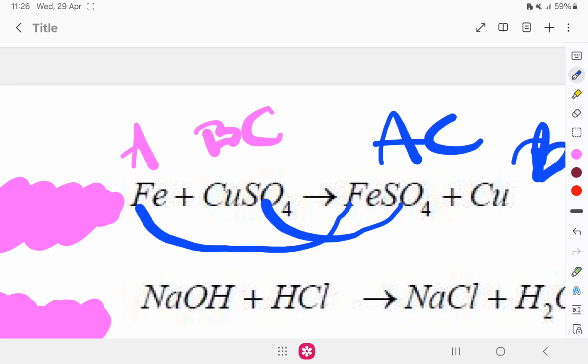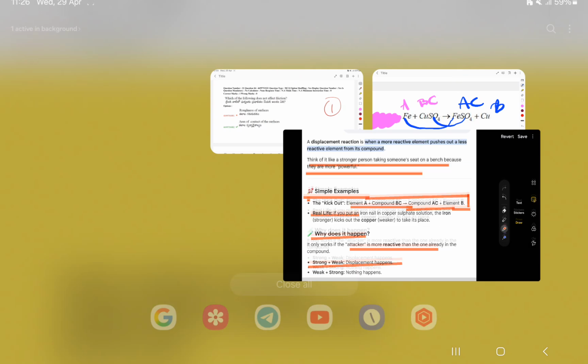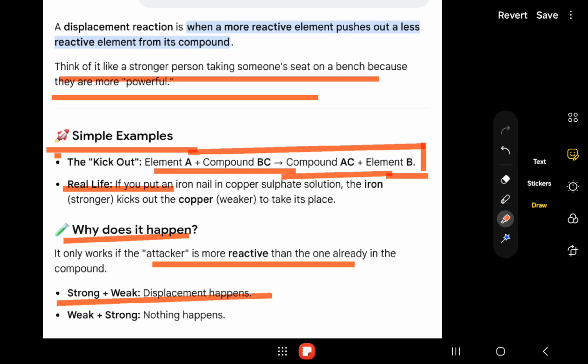Just now we read in the example what I showed you. Once again I will show you. This one. The kick out: element A plus compound VC gives compound AC plus element V. Remember this trick, friends.